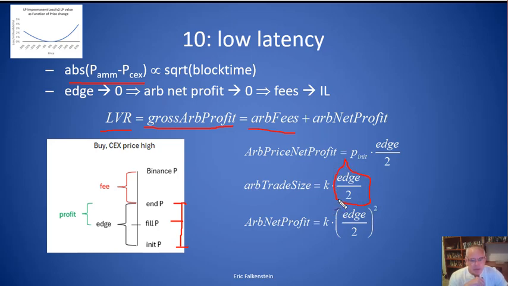So quantity times price profit, you've got edge over 2 in there squared. So the profit is a function of this price opportunity squared. So if you can get this arb net profit, and this is after fees, to go to 0, that means that the arb fees are basically approaching the IL, in theory. So that's how it should work.